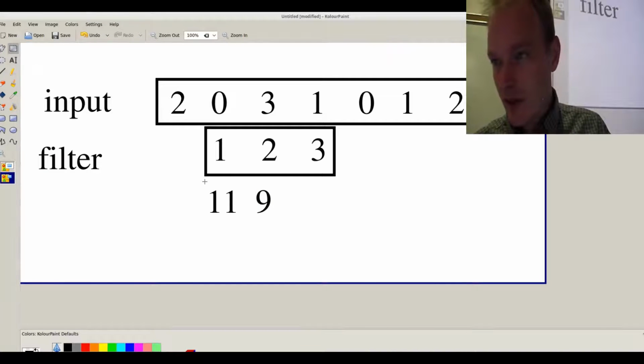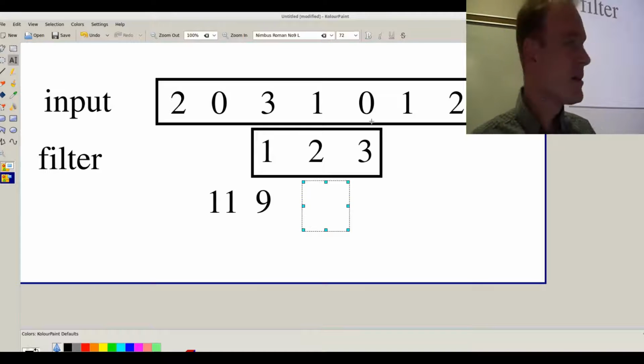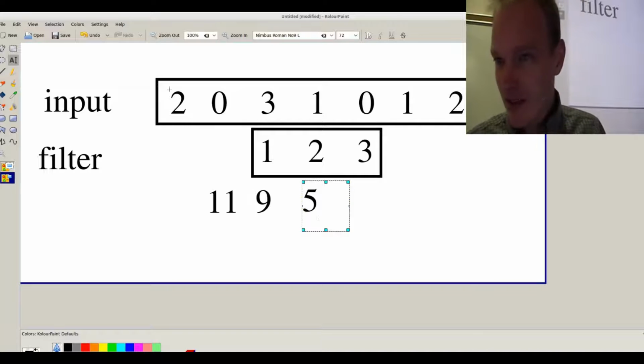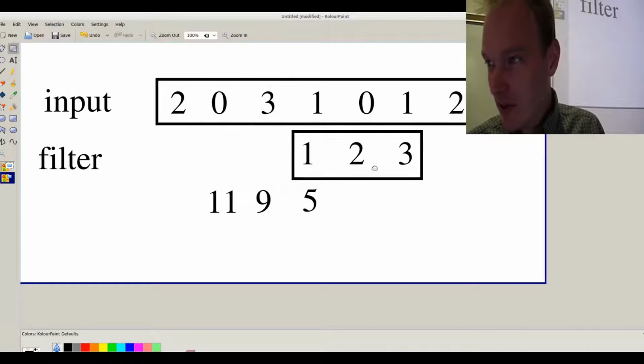And then I'm going to slide my filter over a little bit. And now 3 plus 2 plus 0. See why I stuck a couple zeros in there? It makes my life so much easier here. Okay, that's 5. Then I slide my filter over a little bit more.